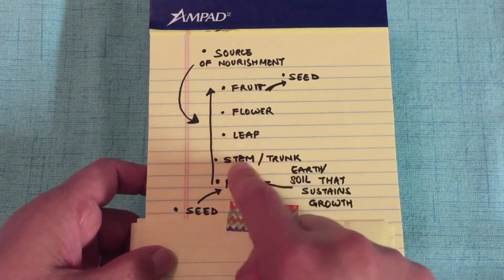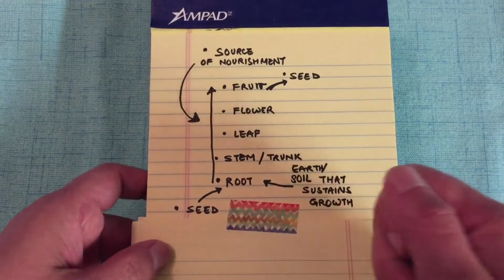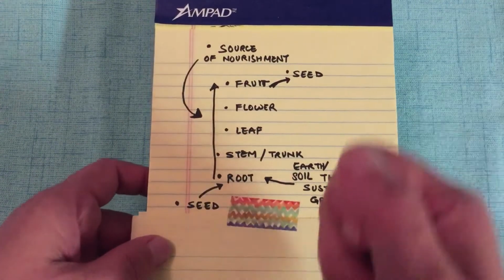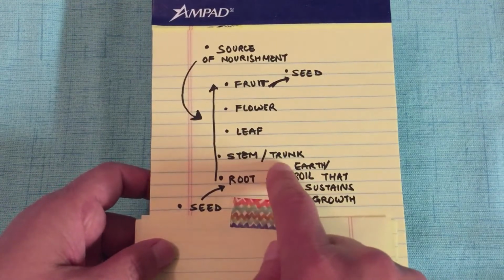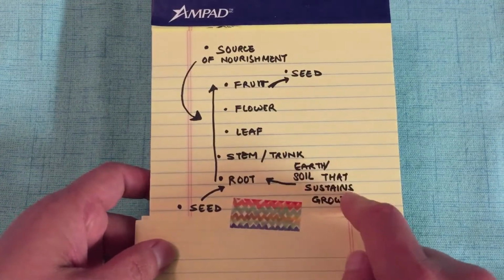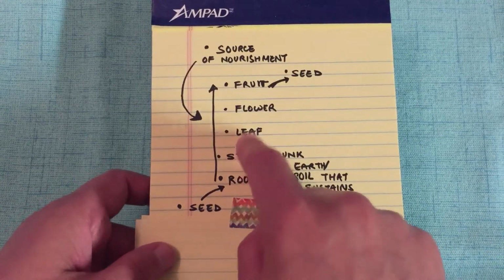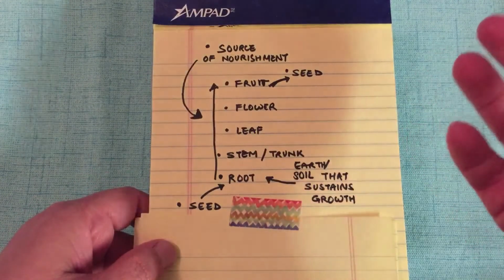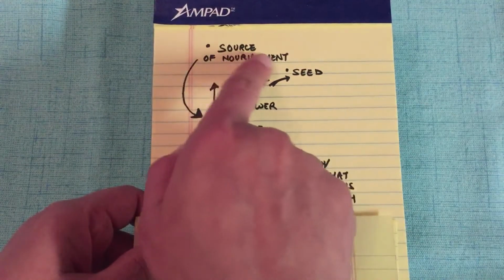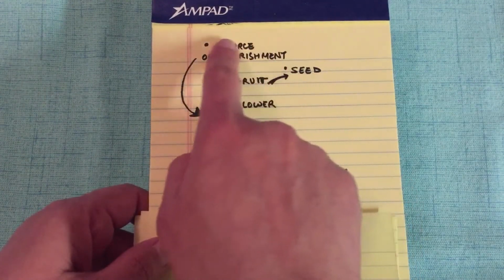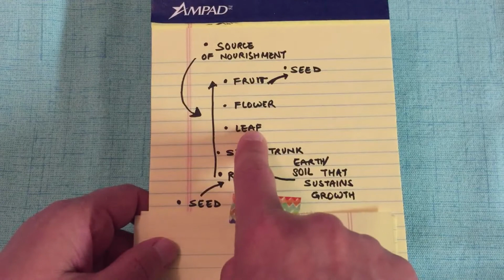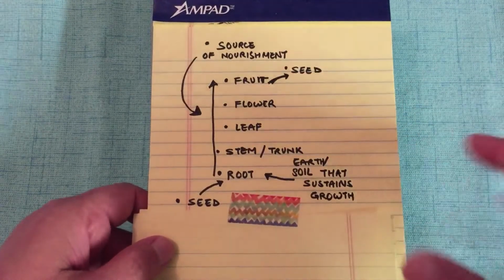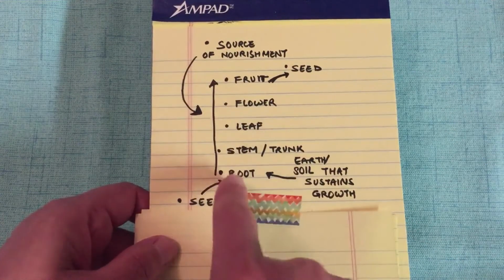The stem or the trunk represents the main body of the whole situation, and the support system that will sustain all that growth. Leaf: a leaf on a plant helps absorb the nourishment. On a plant, the leaf absorbs the sunlight and converts that into nourishment for the plant.